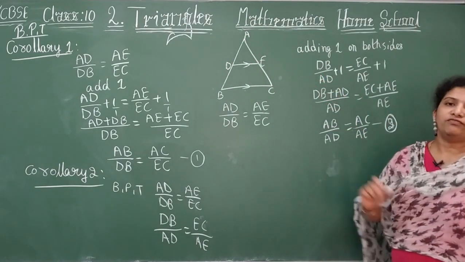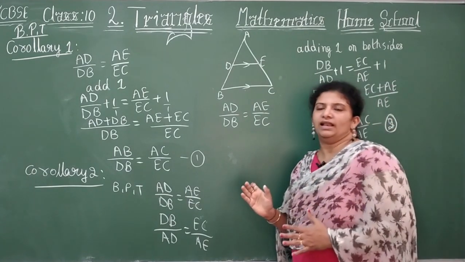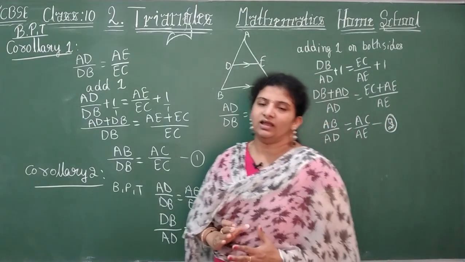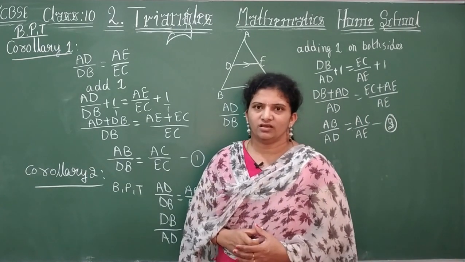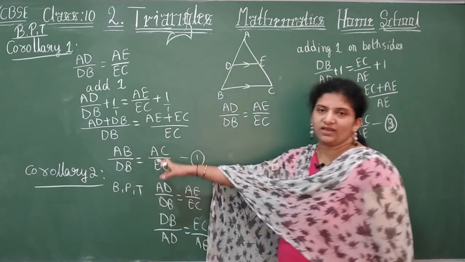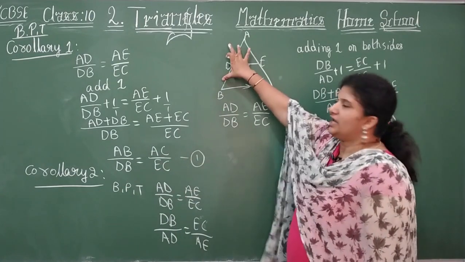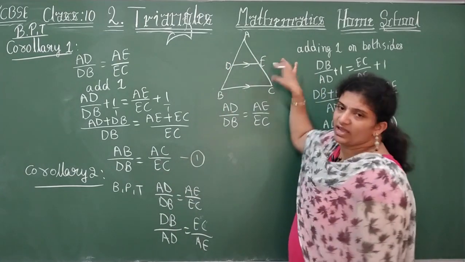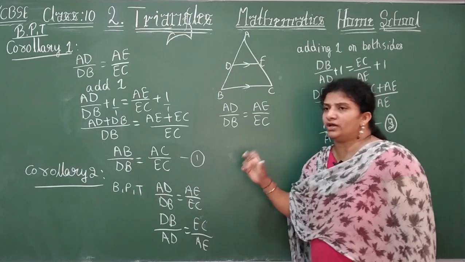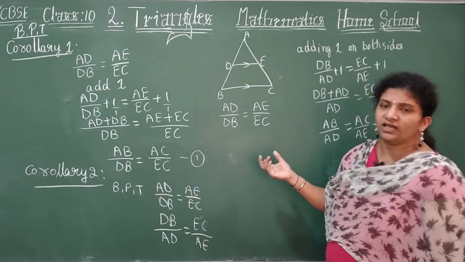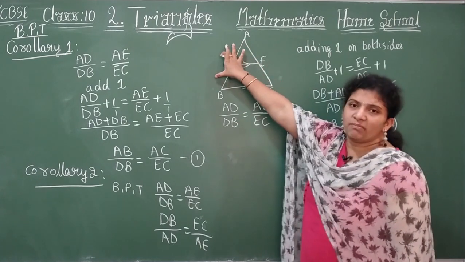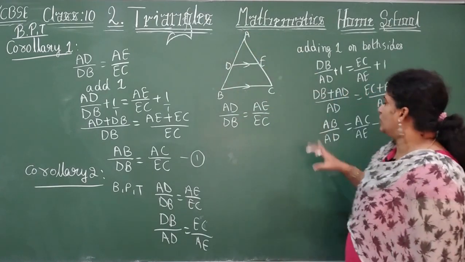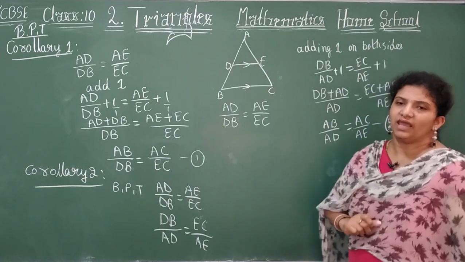So, if you have a triangle and a parallel line, you can write many ratios here. Right? So, first corollary, what is that? AB by BD, AC by EC. Second corollary, what, children, here? Look here, second corollary: AB by AD is equal to AC by AE.